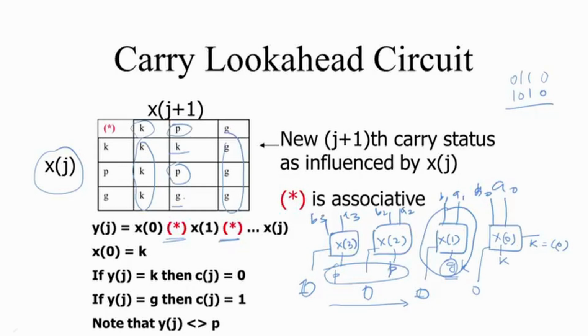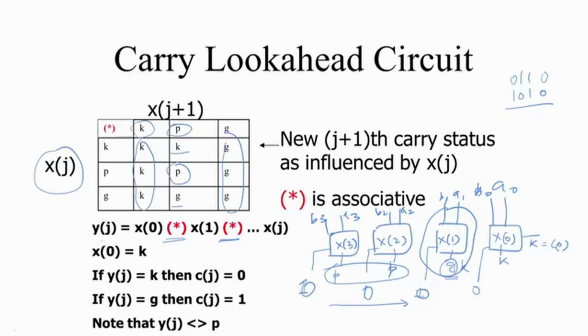So now what I do is I get the status of every carry that I contribute to the next stage just by seeing these A's and B's. Then I do a prefix computation on these carries, on the status.